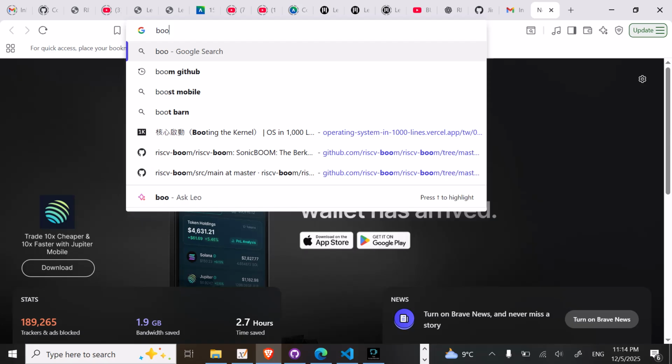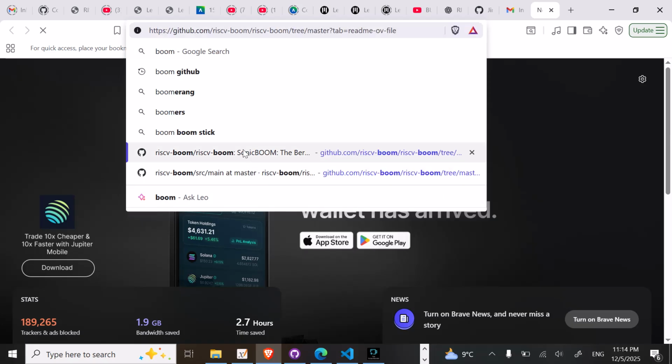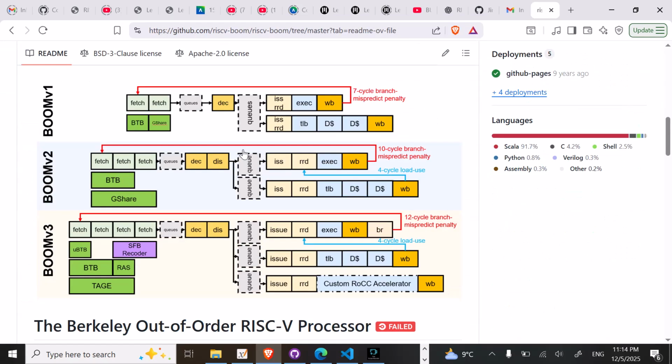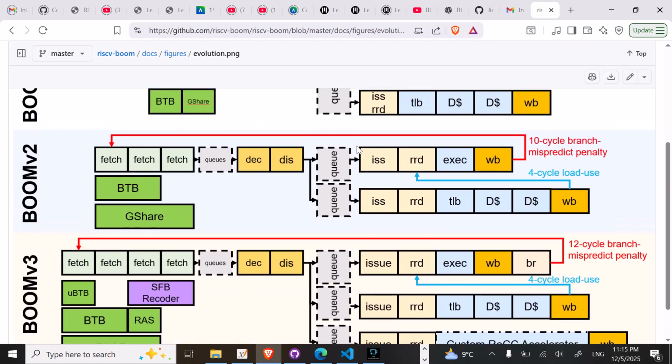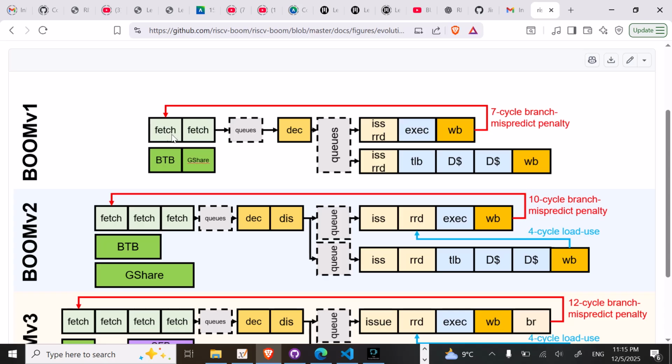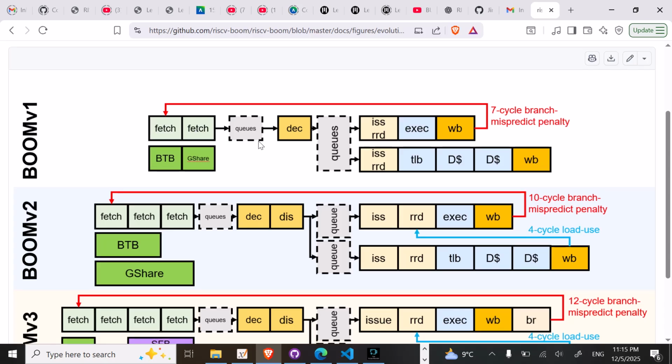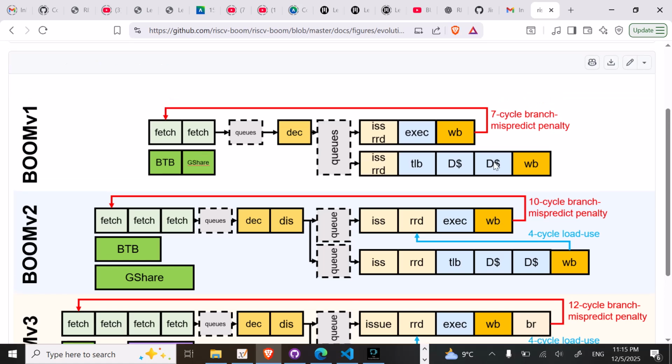Actually, very interestingly, let's look up BOOM. BOOM is one of the schematics I really want to follow. As you can see, in this pipeline, you have multiple-cycle fetch, and over here you have an instruction queue, which is what they use for register renaming and reordering, and also different execution units with different cycles.